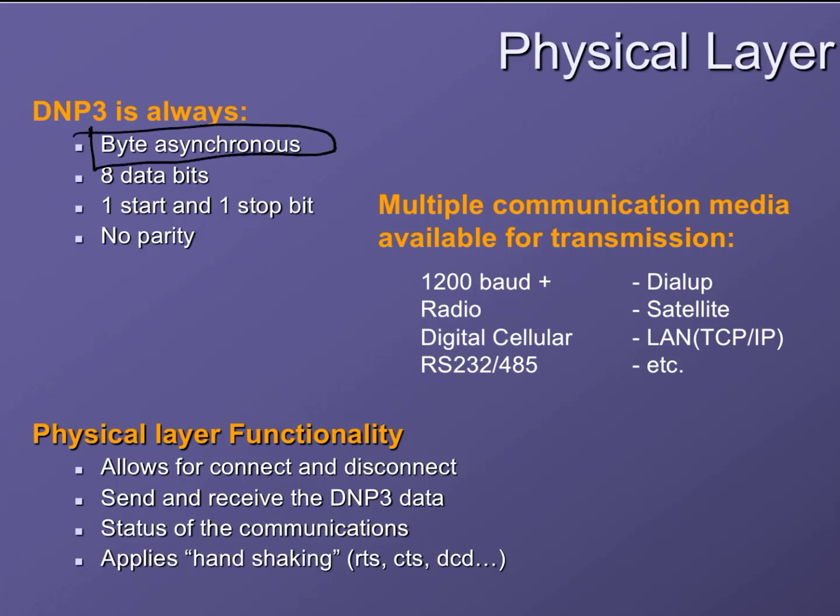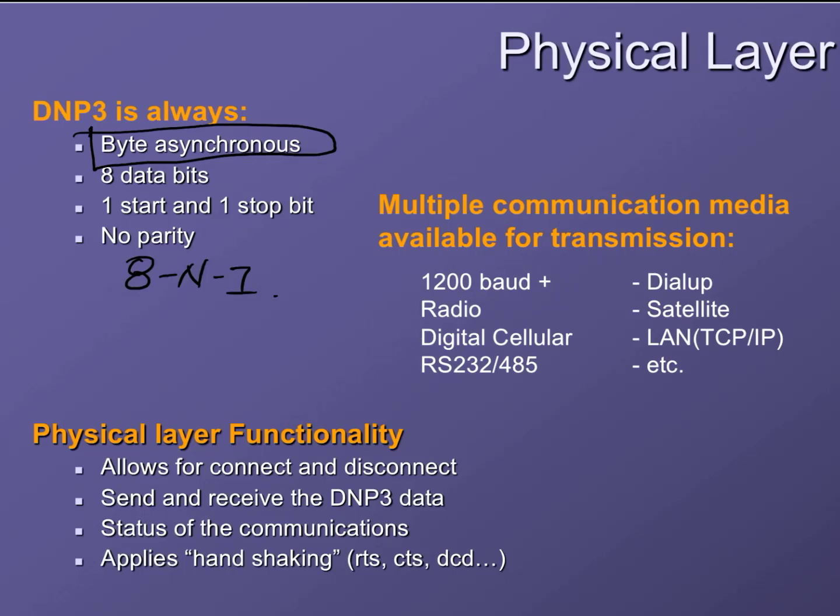So remember, asynchronous connection has the synchronizing bits embedded right into the streaming data. And so when it comes to DNP, we're talking about an 8N1 connection. No need for parity when you have CRCs in your protocol. So we've got 8N1: 8 data bits, no parity, and 1 stop bit for an asynchronous connection.